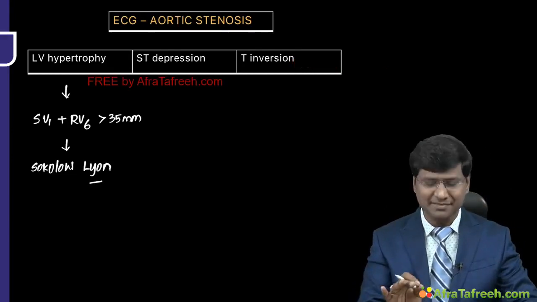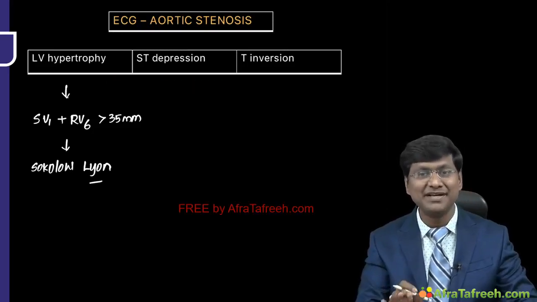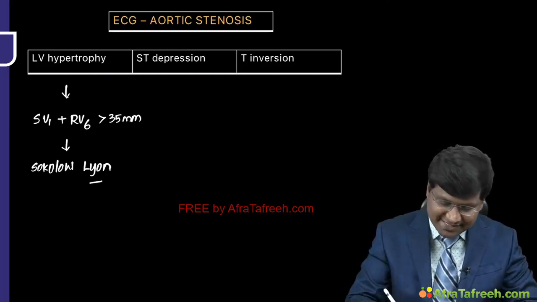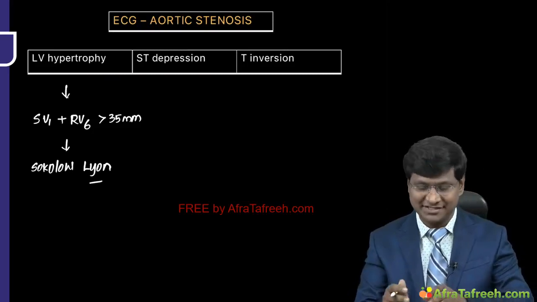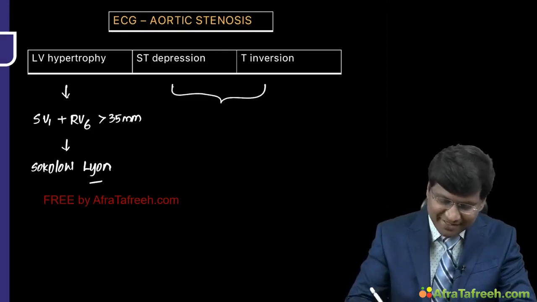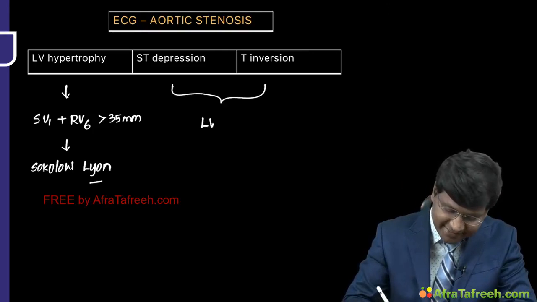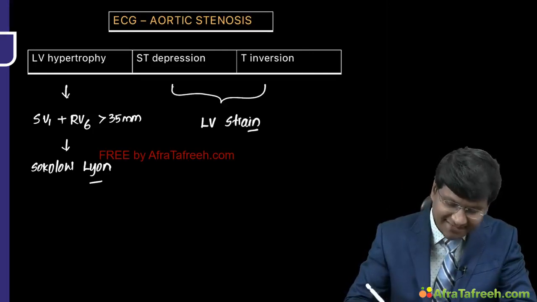And apart from the ECG changes suggestive of left ventricular hypertrophy, there will also be changes like ST segment depression as well as T wave inversion. The presence of ST segment depression and T wave inversion indicates the presence of LV strain, right?